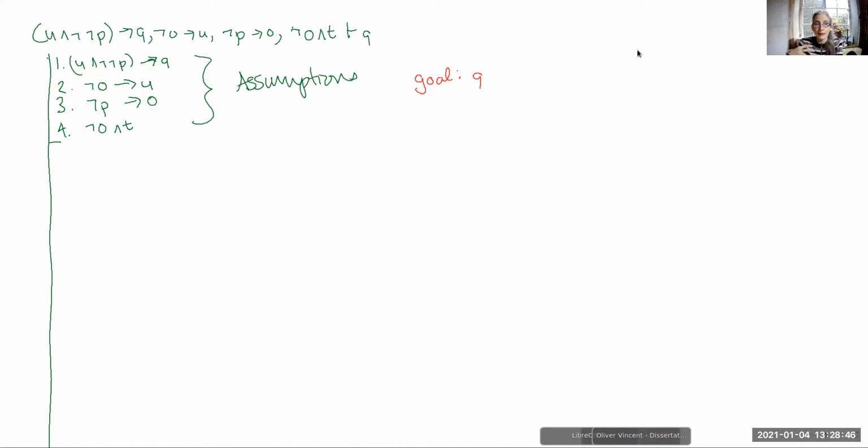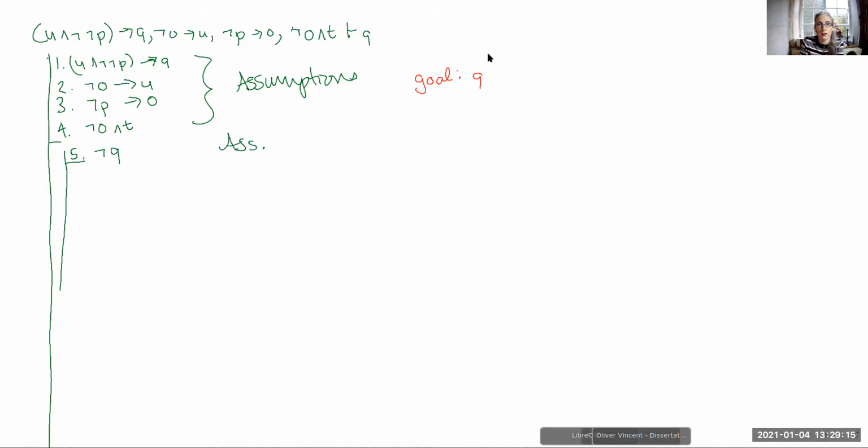Unless you can immediately deduce it from one of your premises through, for instance, conjunction elimination or conditional elimination, what you want to do with atoms is negation elimination. So we will assume not Q, and then we'll try to show that that leads us to a contradiction, and we can therefore conclude it had to have been Q in the first place. So we'll start our new subproof at line 5, and we are going to assume not Q.